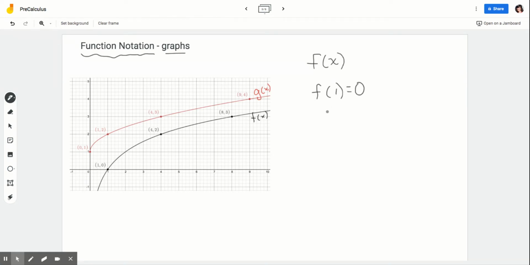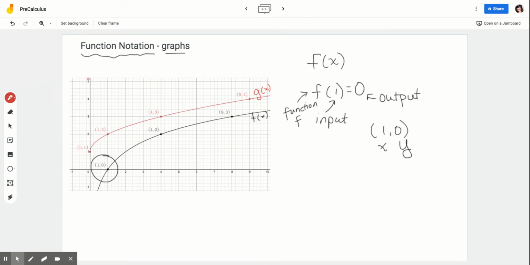So what that says is when the input on function f is 1, the output is 0. And I got that answer from this coordinate point right here. So x is 1, y is 0.